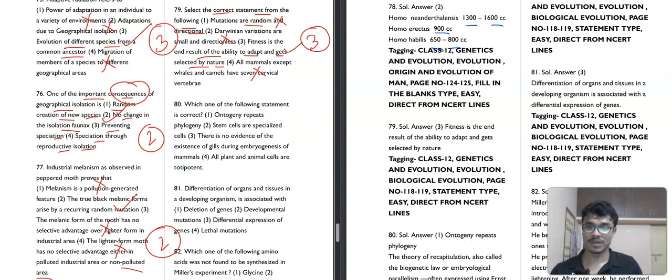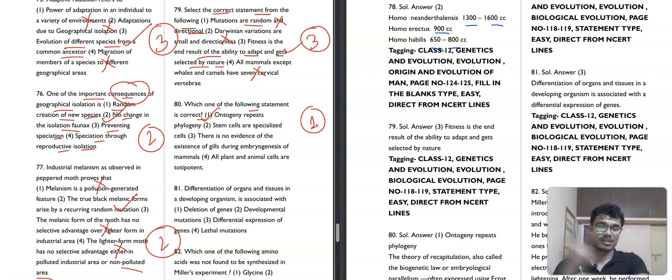Question number 80. Which of the following statements is correct? Ontogeny repeats phylogeny. How many times this question came in this paper? First option is the correct answer. Stem cells are specialized cells? No. Then there is no evidence of the existence of gills during embryogenesis? There is evidence. Then all plant and animal cells are totipotent? All plant and animal cells are not totipotent.